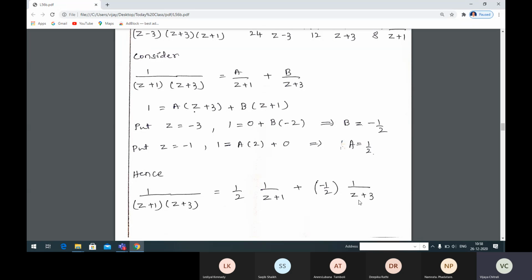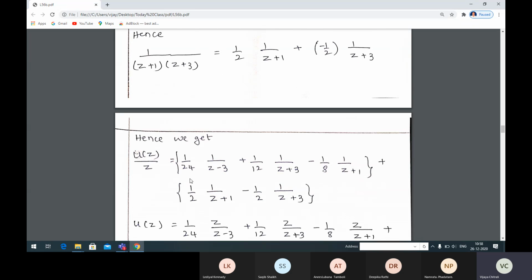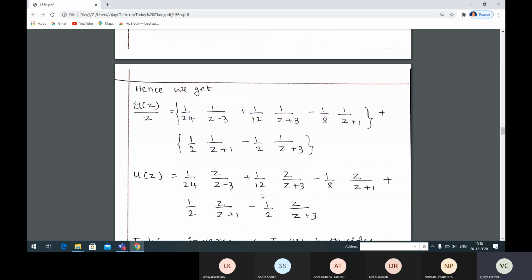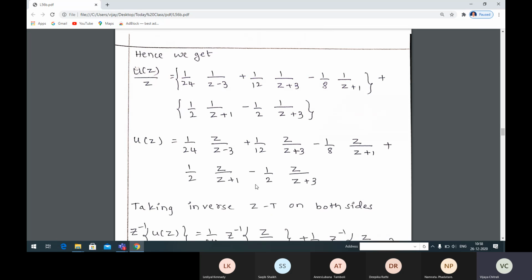Hence u of z divided by z is equal to 1 by 24 times 1 upon z minus 3, plus 1 upon 12 times 1 upon z plus 3, minus 1 by 8 times 1 upon z plus 1, plus 1 by 2 times 1 upon z plus 1, minus 1 by 2 times 1 upon z plus 3. Now, u of z is equal to multiplying the z term.